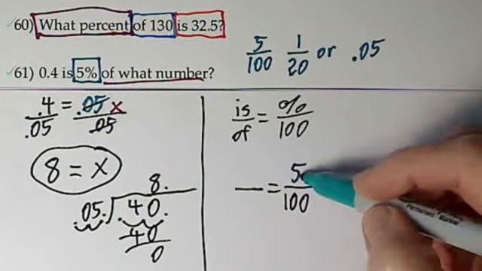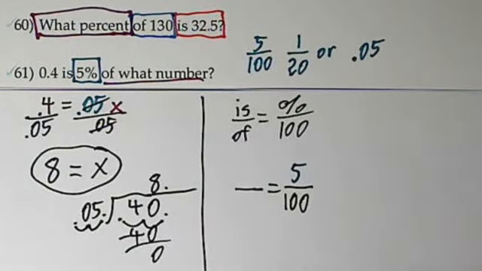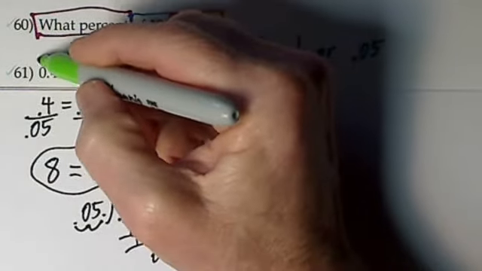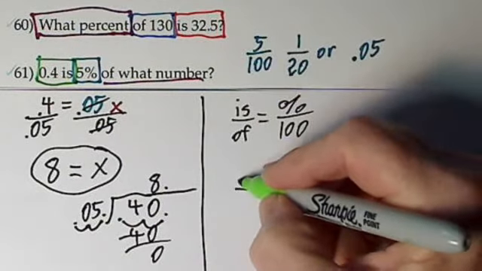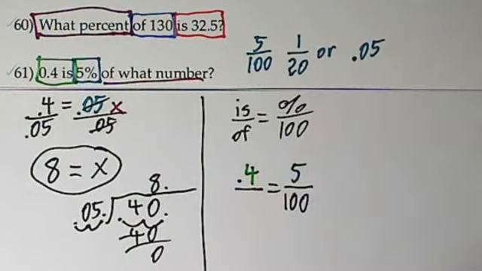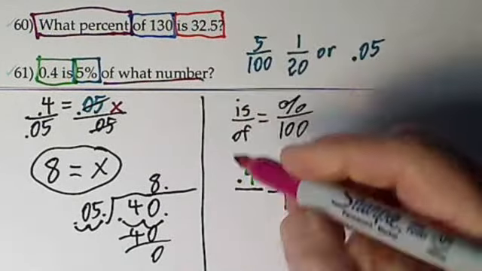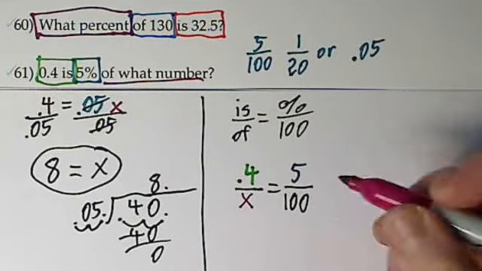But if we're following this pattern, it's definitely going to be that, at least to start. 4/10 is next to the is. Alright. And then of has of what number, so that's where the x is going to sit.